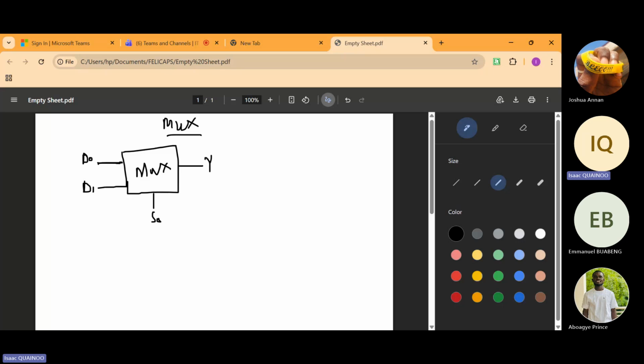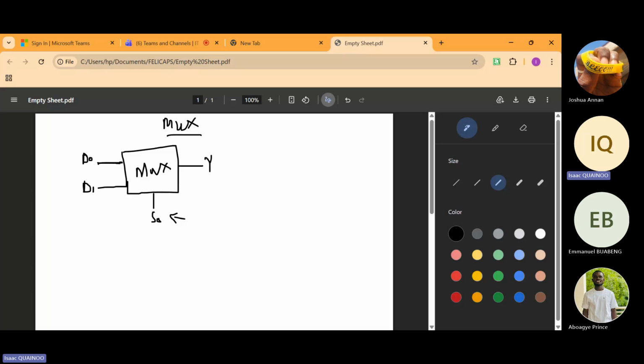Okay. So this is how a mux operates. We have multiple inputs, and then it only sends out one output based on the particular signal that our selector sends. So this is how to know how many inputs a particular selector has.